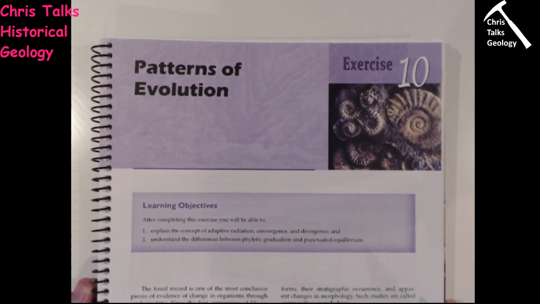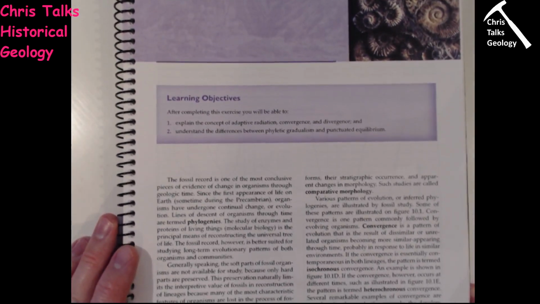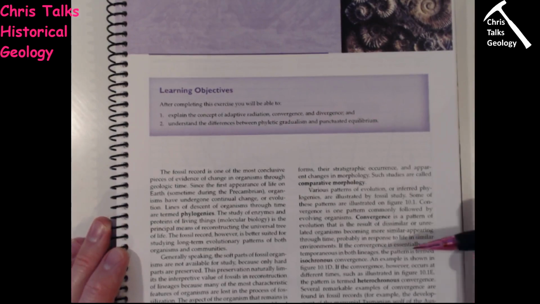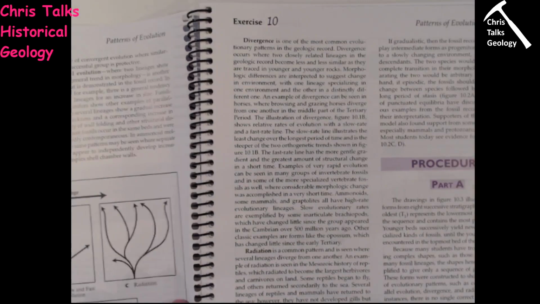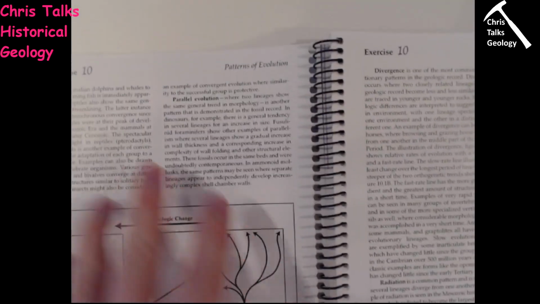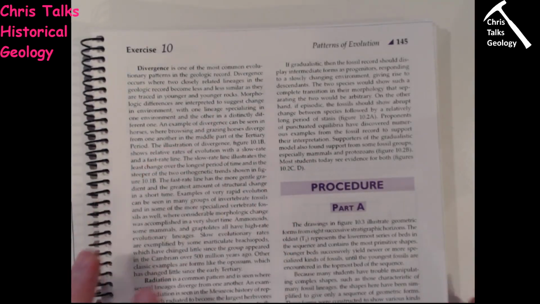Let's turn to page 143, where we'll find the title, Patterns of Evolution, and the learning objectives in the purple box. Then there are several paragraphs of text on pages 143, 144, and 145.